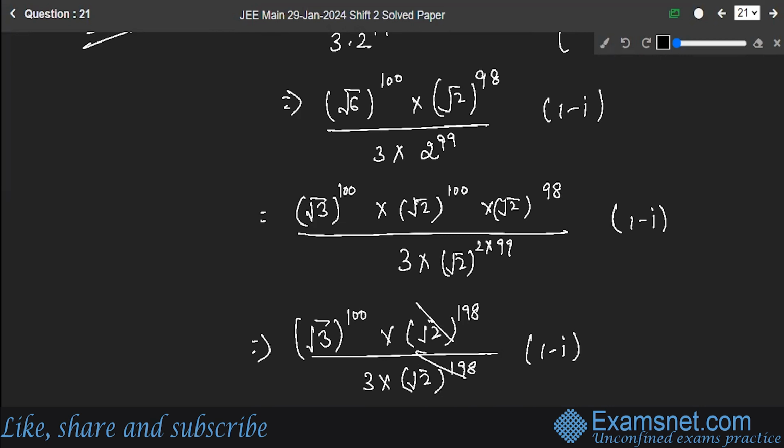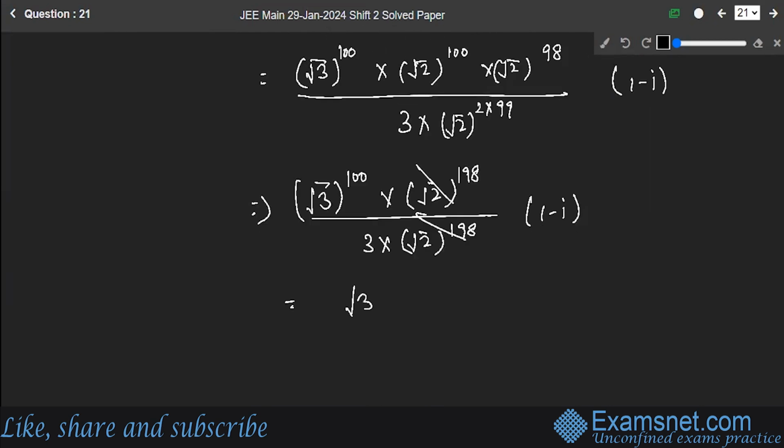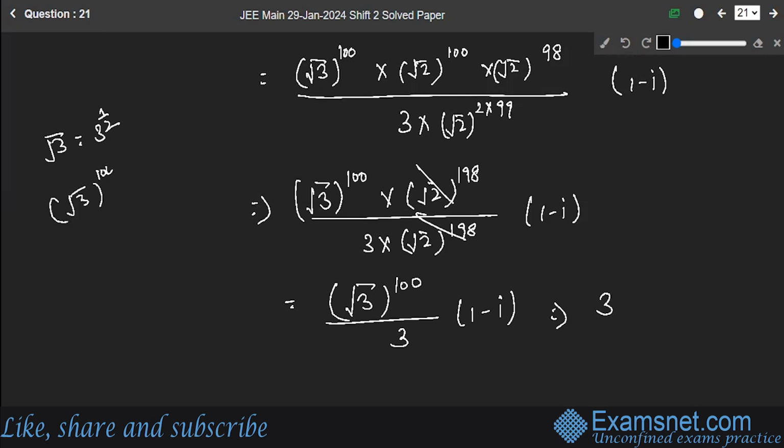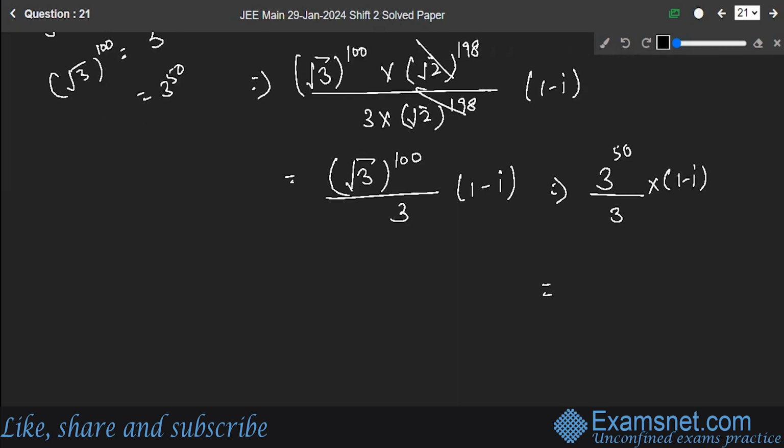These two will cancel. You will have root 3 power 100 upon 3 into 1 minus iota. Root 3 means 3 power 1 by 2, so if I take the power 100 of it, this will be 3 power 50. So this is 3 power 50 upon 3 into 1 minus iota, or this is equal to 3 power 49 into 1 minus iota.